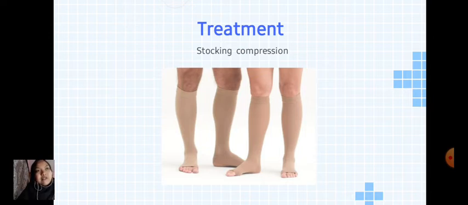Short-term improvement in orthostatic blood pressure with garments applying counter pressure to the lower limbs has been demonstrated. Garments that compress the abdomen have shown greater promise in attenuating blood pressure reduction.